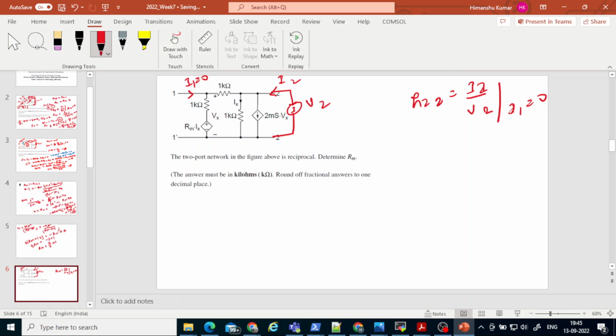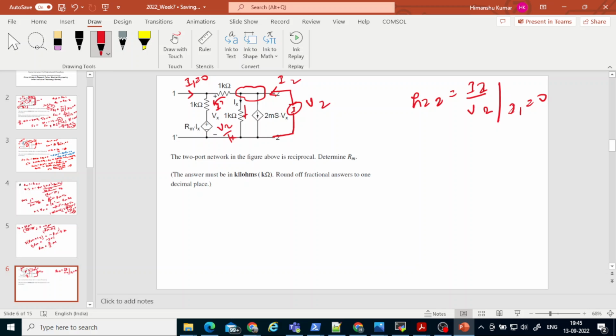Now let's apply the KCL at this node. Let's assume this is the current I dash. The current in this branch will be V2 by 1k, and the current in this branch will be 2 times Vx.